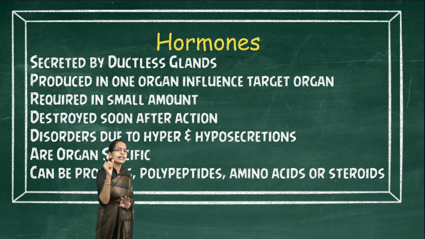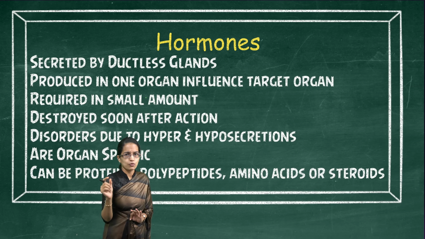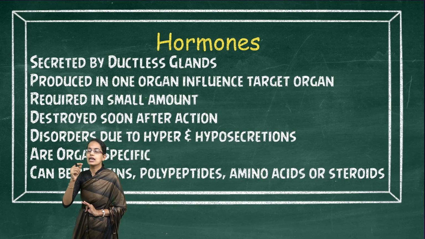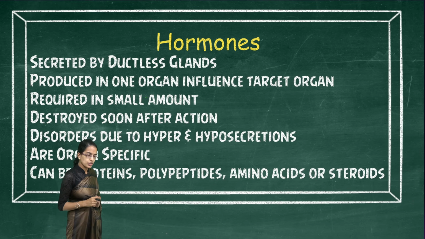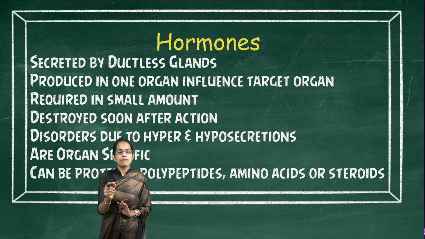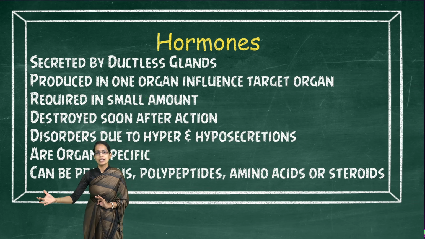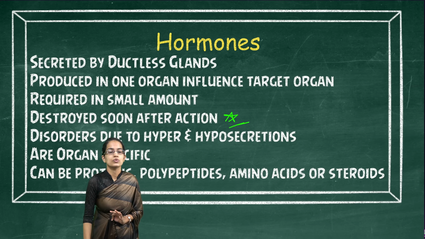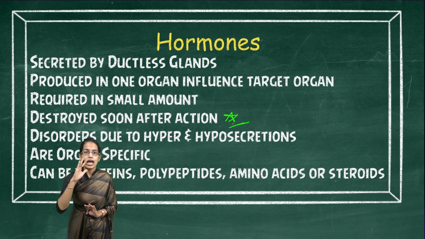They are required in very small amount, very meager quantity, and the reason is, since they are emptying directly into the bloodstream, even a small amount is sufficient to act. Soon after their action is completed, they are destroyed, which is a very important function to note. As soon as their action gets over, they are destroyed.